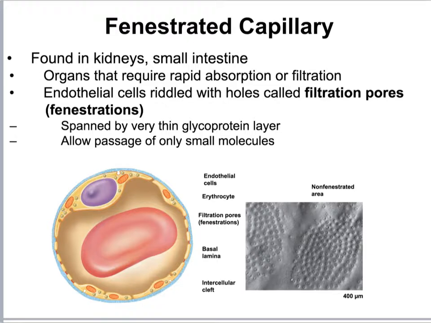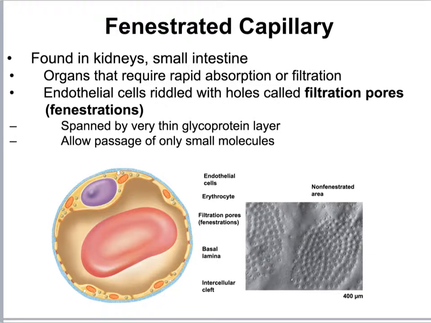These windows are actually little pores called fenestration pores. And so this fenestrated capillary has a whole bunch of little holes in it. Those holes are actually plugged with a glycoprotein layer that keeps basically cells and large proteins from being able to fit through it.